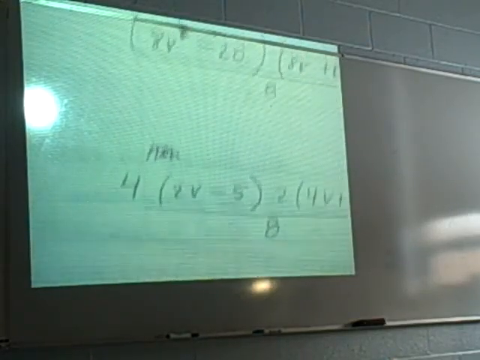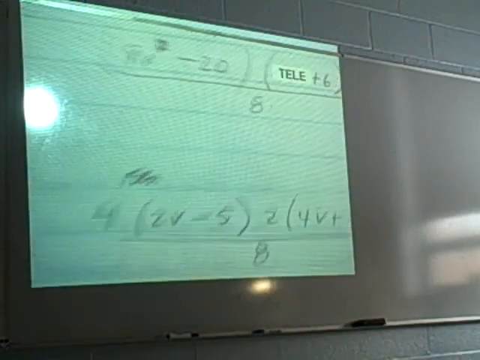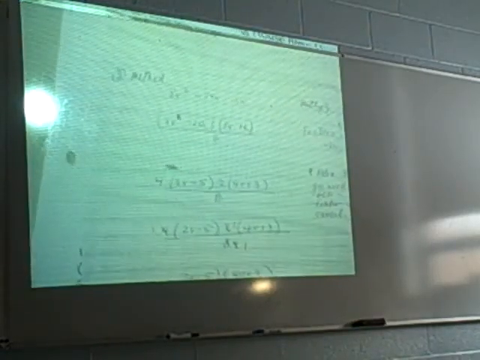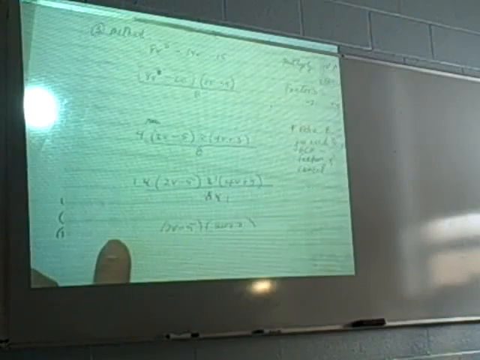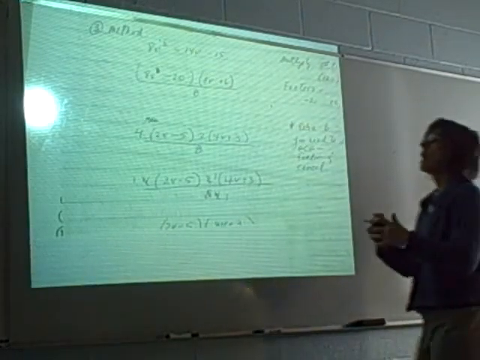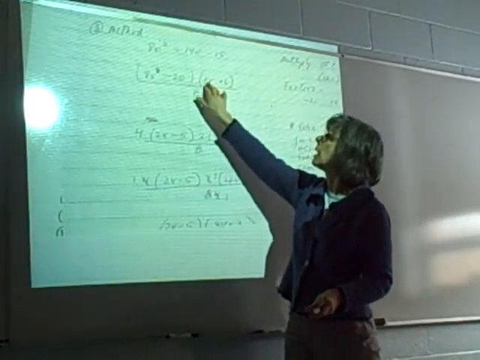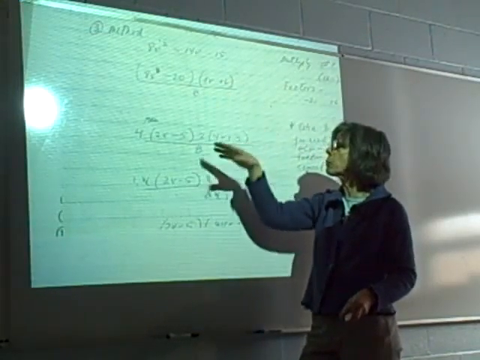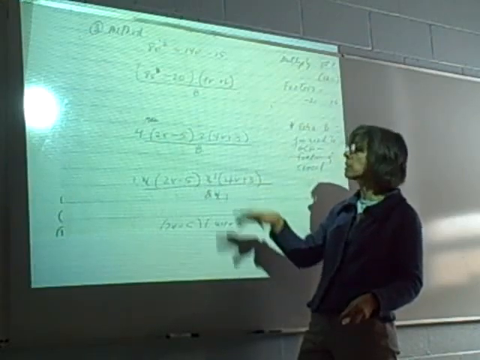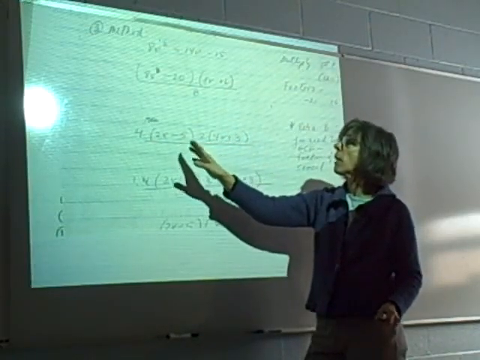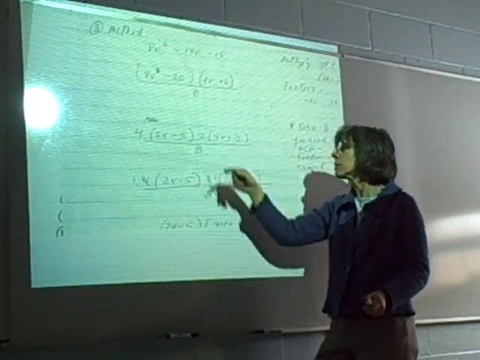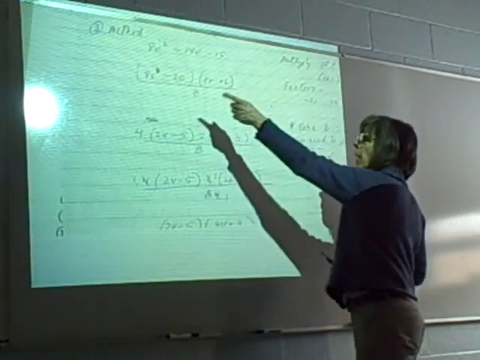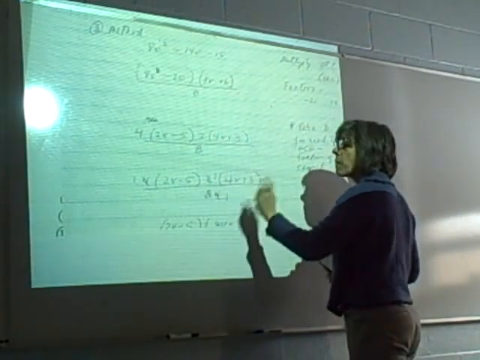So just to recap for you, we took the problem, she put an 8v here, an 8v here, and divided the whole thing by 8 because one of those is going to get canceled out. And then we found the common factors for both of them.